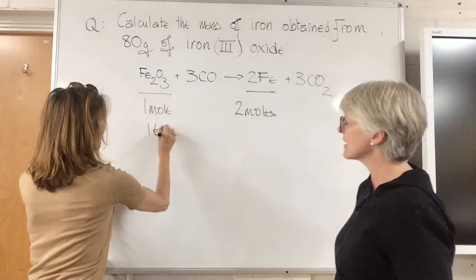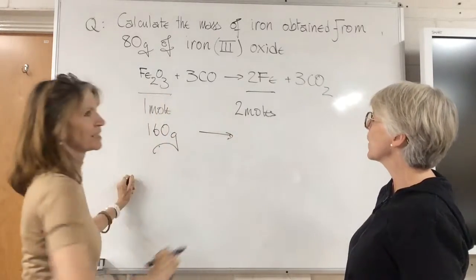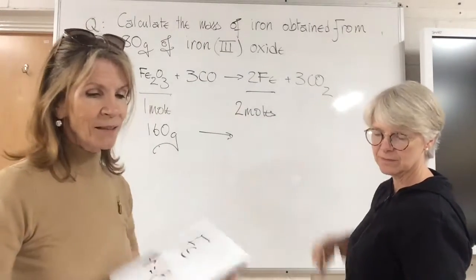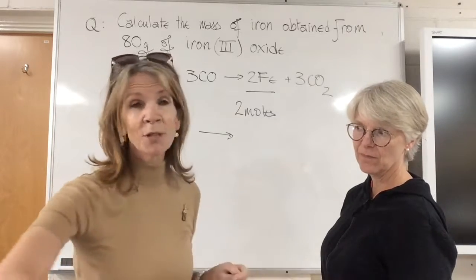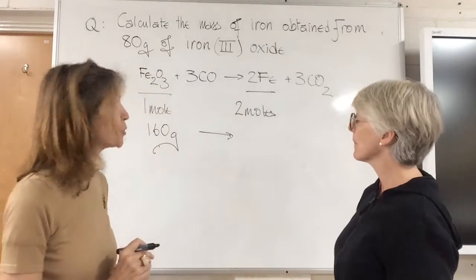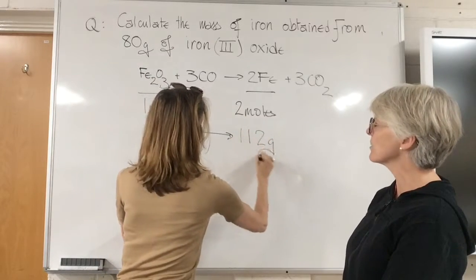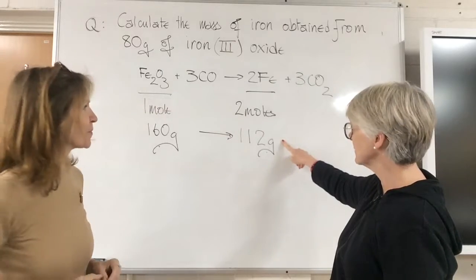So 160 grams of iron 3 oxide gives us 2 moles of iron. So how much would that be? For the iron, the AR is 56, which means 2 moles would be 2 times 56, which is 112 grams. Okay, excellent. So far we know that 160 grams of iron 3 oxide produces 112 grams of iron.